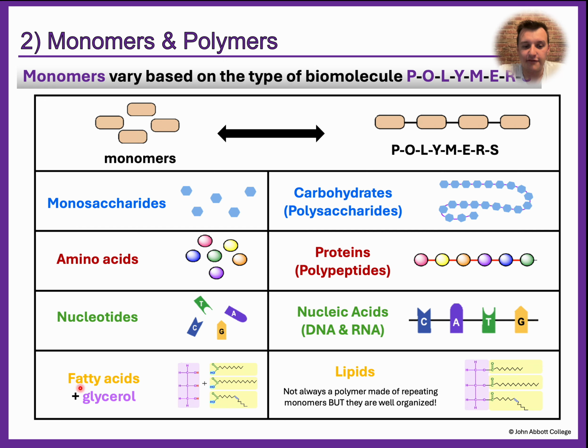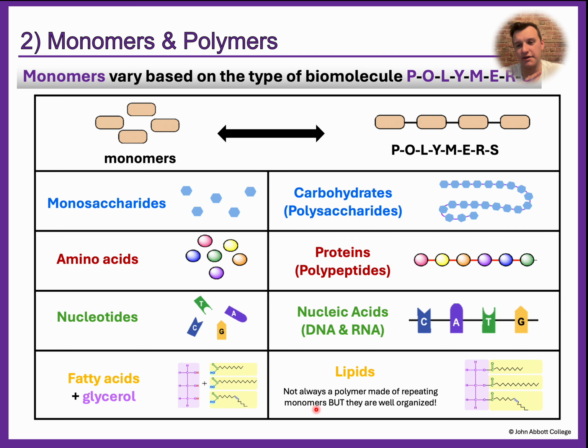And then we have fatty acids and glycerol. This is 3 fatty acid chains. They're long chains of carbon, and a glycerol molecule. They come together and they can form this triglyceride, which is a type of lipid. I want you to note that not always is a polymer made of repeating monomers.